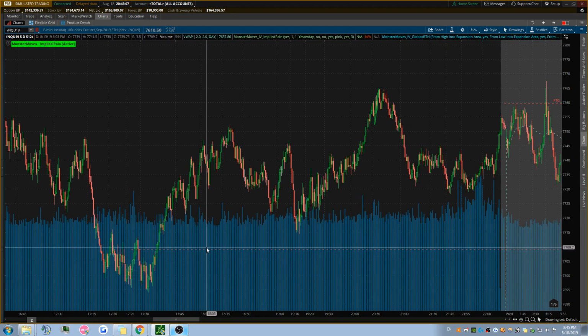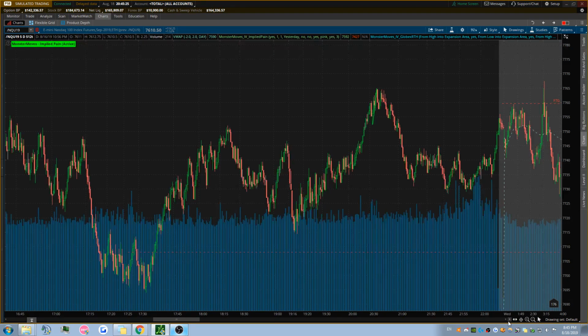All I know is that my stop kinda hurts. Wait, let's see what happened. That looks tested. Oh no, my stop isn't that bad. This is your entry. Your stop is at 7700, 7-point stop.